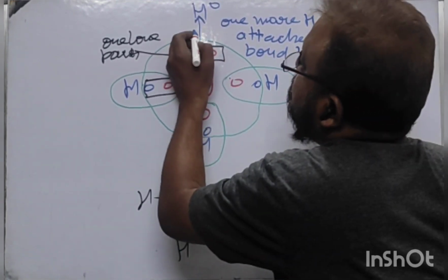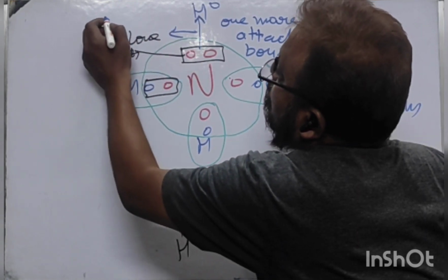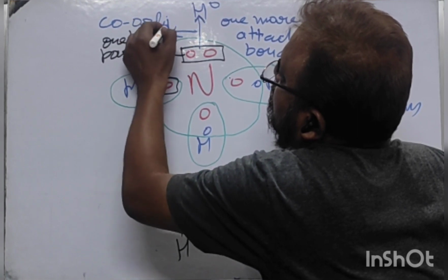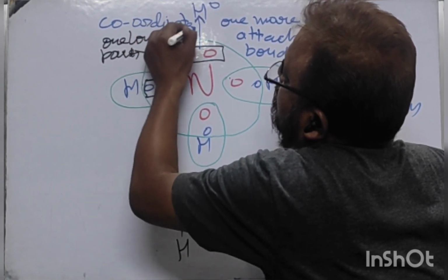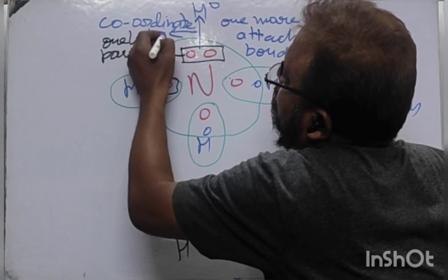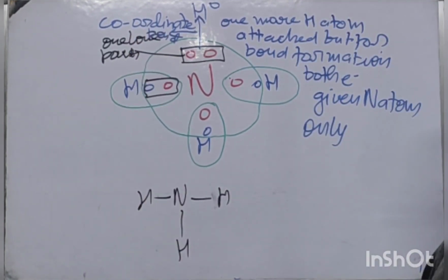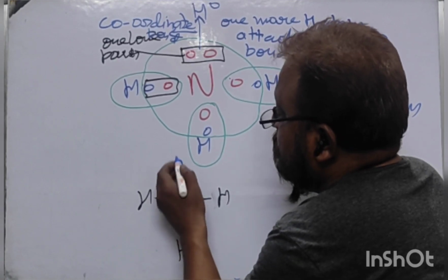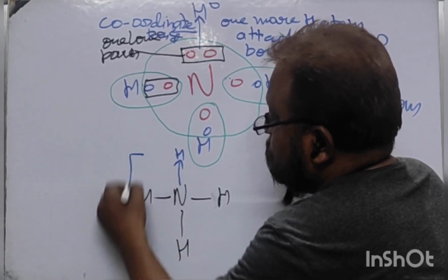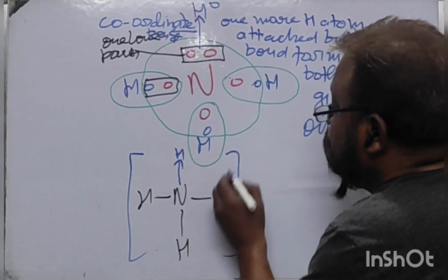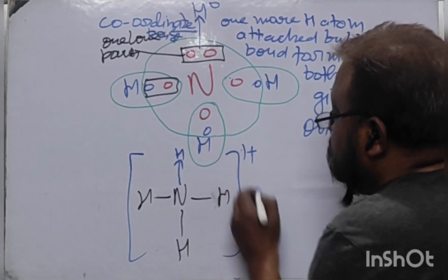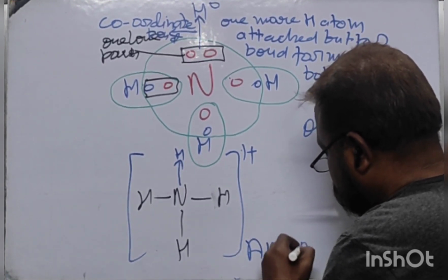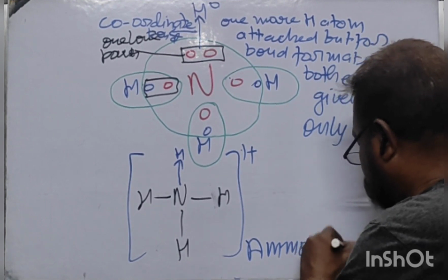So it is a coordinate bond. Fine. So there is a coordinate bond and it forms NH4 plus 1 plus. It is the ammonium ion.